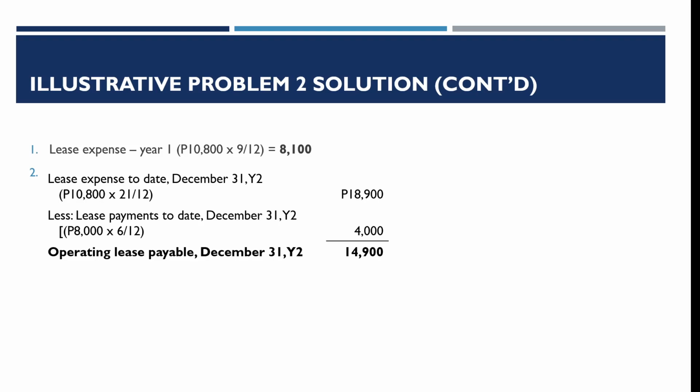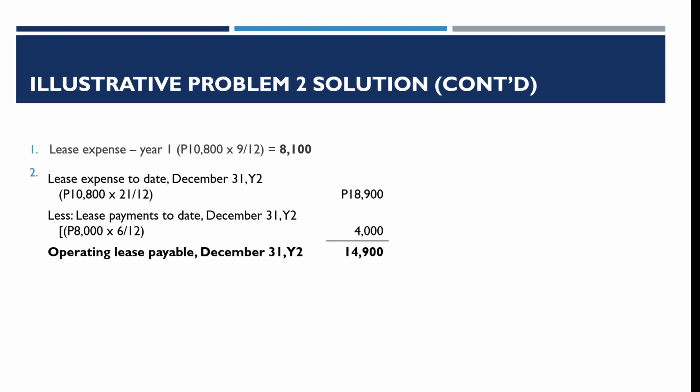Now, sir, bakit 4,000 lang yung nakasali natin ditong lease payments? Di ba year 2 na tayo? Yes, year 2 na tayo. Kaso, kailan yung susunod na bayad? Yun ang tanong ko. Di ba magbabayad daw siya every March 31 of each year? So, yung nabayaran pa lang ay yung pang first year.